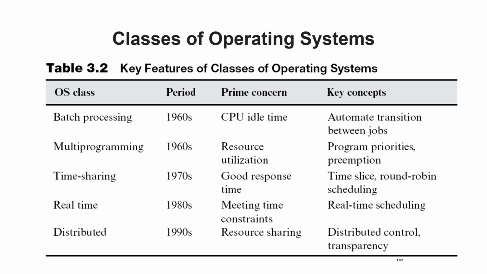In a multi-programming system, the resources, whether CPU or IO, will not be idle. Multiple programs are present in the memory, so while one program executes on the CPU, another program executes an IO operation. So there is effective usage of resources. This was the main motive behind batch processing and multi-programming systems.